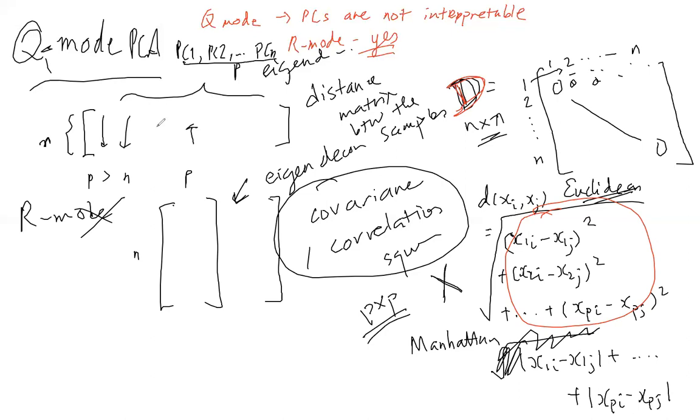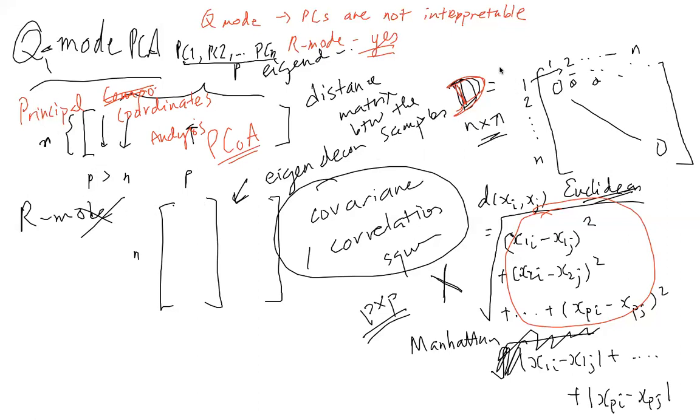This Q mode principal component analysis is sometimes known by another name: principal coordinates analysis, PCOA. It basically is just a Q mode PCA.